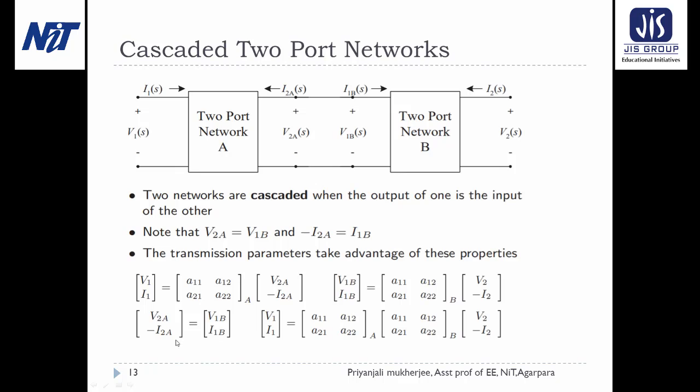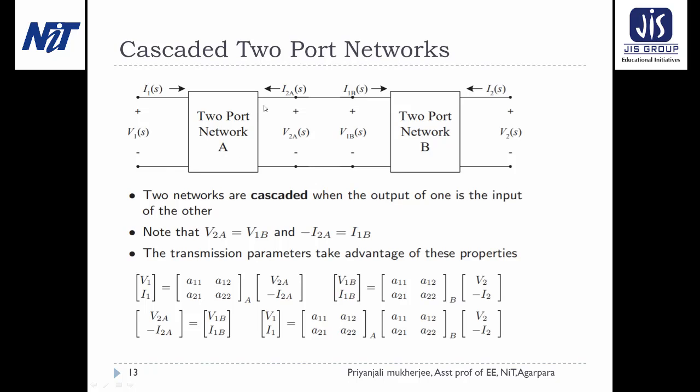So V2A is equal to V1B, because the output of the first is equal to the input of the second network, and the currents are opposite. So V2A and minus I2A are equal to V1B and I1B, and this V1, I1 is equal to the ABCD parameter of network A into the ABCD parameter of network B into V2, minus I2.